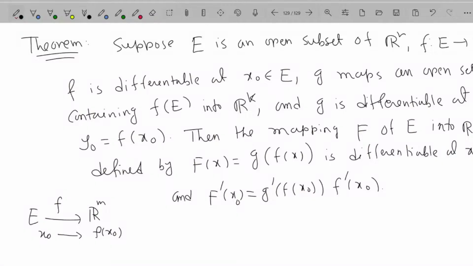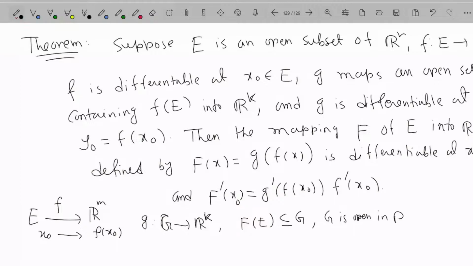Okay. So instead of being defined on the whole of Rm, G is defined on an open subset of Rm but containing f of E. So let's say G is defined on some set G to Rk, where f of E is contained inside G and G is open in Rm.